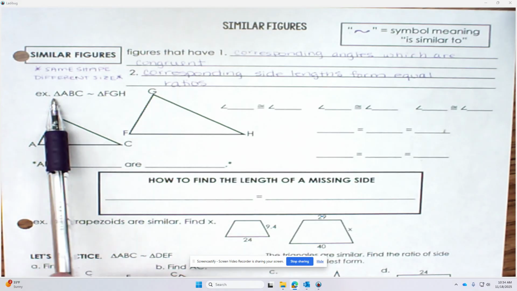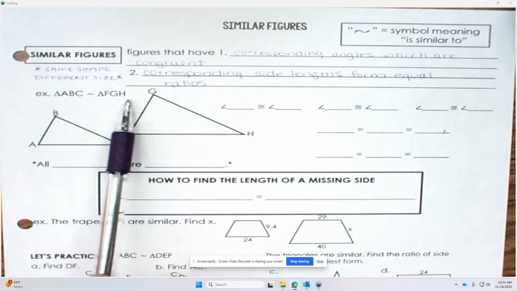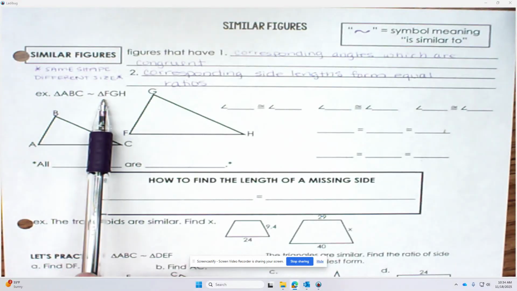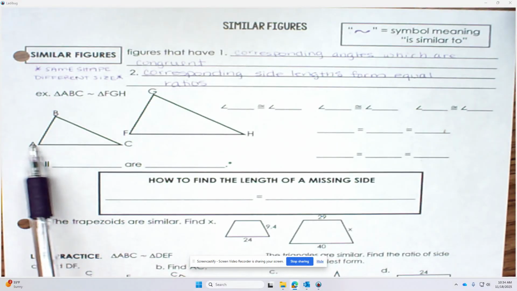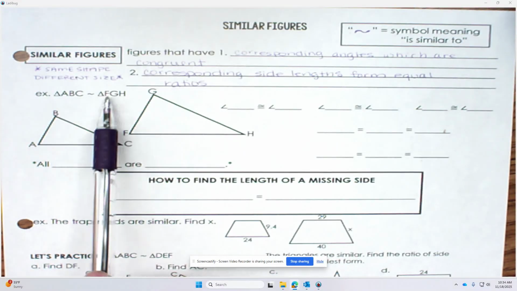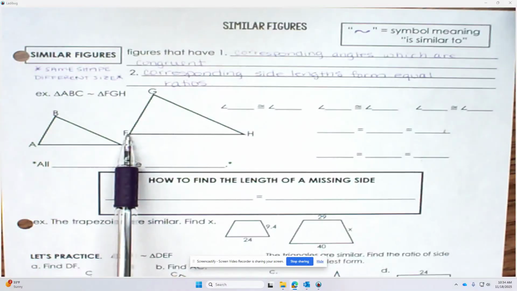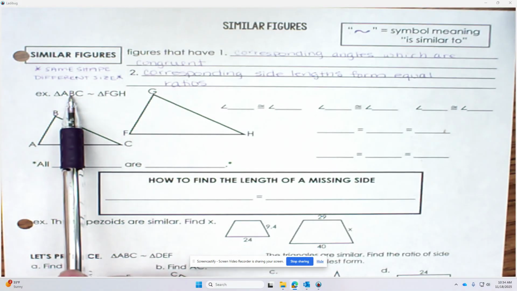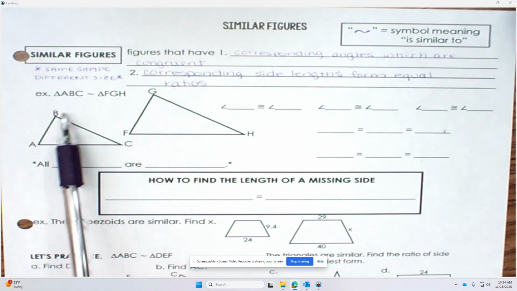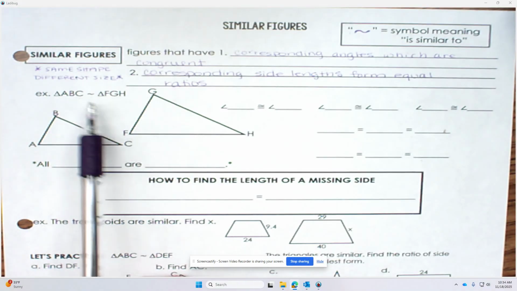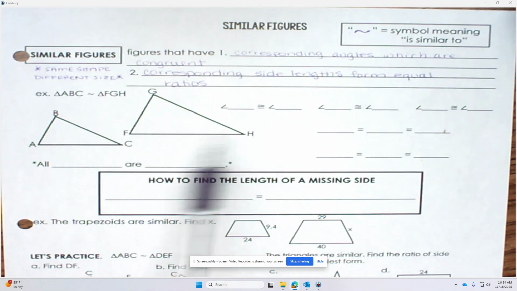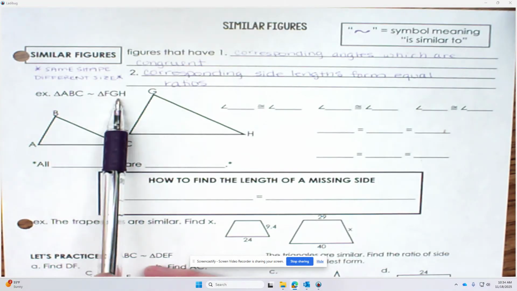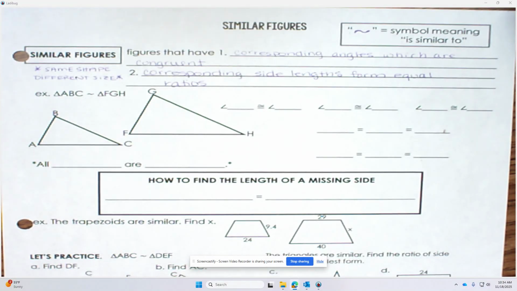When we name the statement, we're going to put the letters of the corresponding parts in the same spot. So A is in the same spot as F because those are corresponding angles. B is in the same spot as G, and C is in the same spot as H, because those are corresponding angles. So it is important what order you put the letters in when we're making similarity statements.